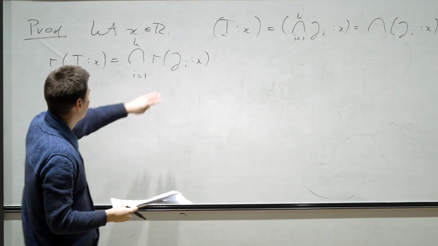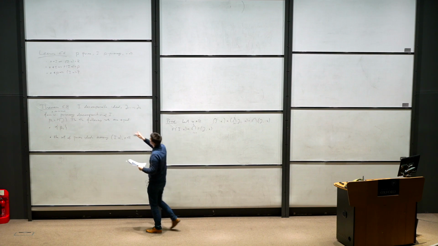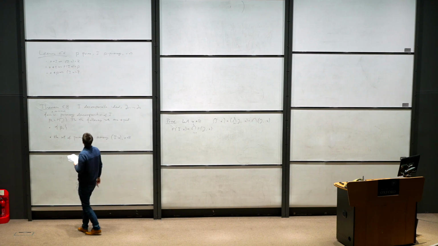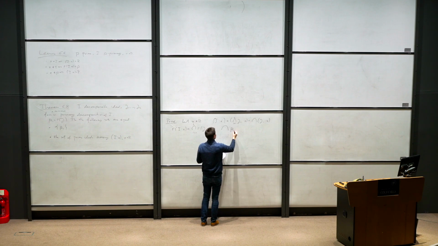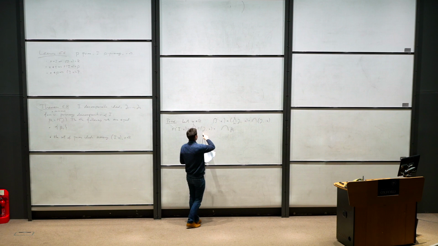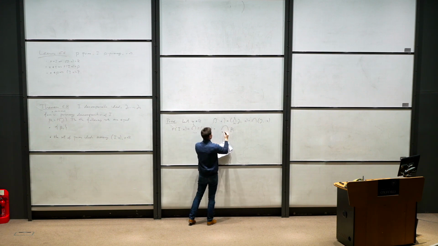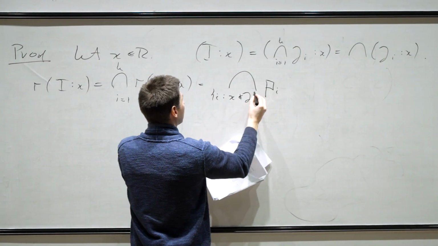Okay, but now we have these radicals, and we have them up there. So if x is not in Ji, let's think about it. So if x is not in Ji, then I'm going to see the Pi, okay? So it's all the i's such that x is not in Ji. So I certainly have that.